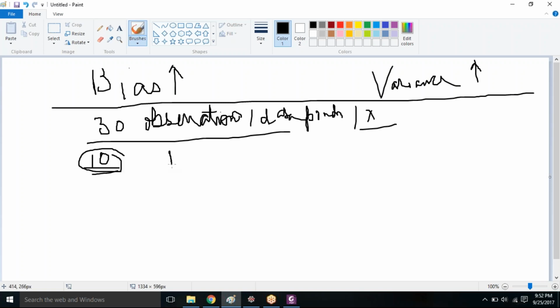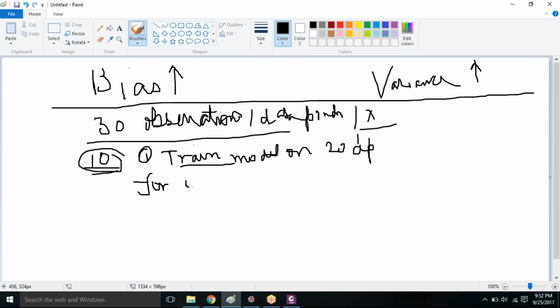I will only train my model on 20 data points. This is the first thing I'm going to do. Randomly you pick any 20 data points that you will use for training the model.